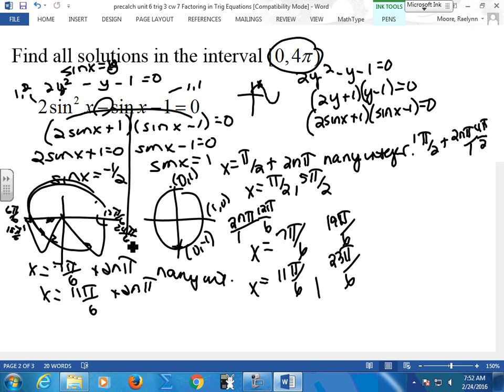I would personally just keep adding 6. This is 1 more than 18. If all I'm looking for is these two angles. If I'm looking for more, then I would string them out. If I'm going to 16 pi, I would obviously just keep adding them. So your solution to all of this, from 0 to 4 pi, are all of these angles.